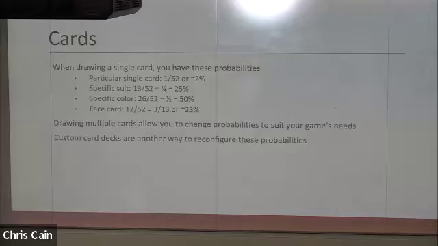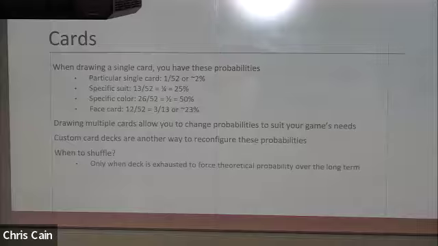The important concept for cards is when should you shuffle a deck? And this just creates the with replacement or without replacement effect. So if you shuffle when the deck is exhausted, you force the theoretical probability over the longer term.